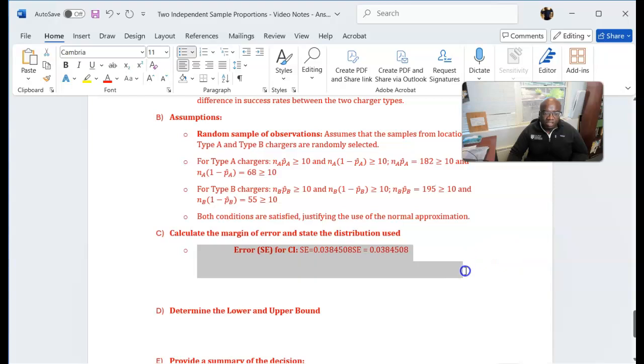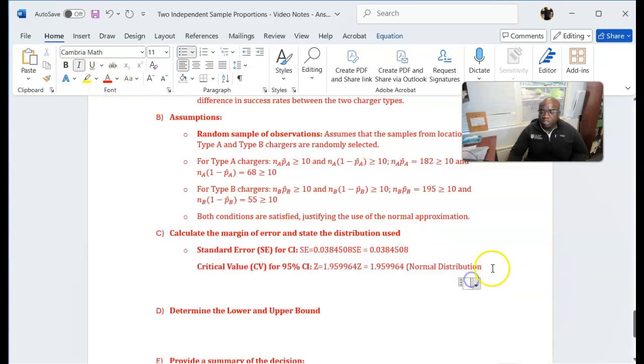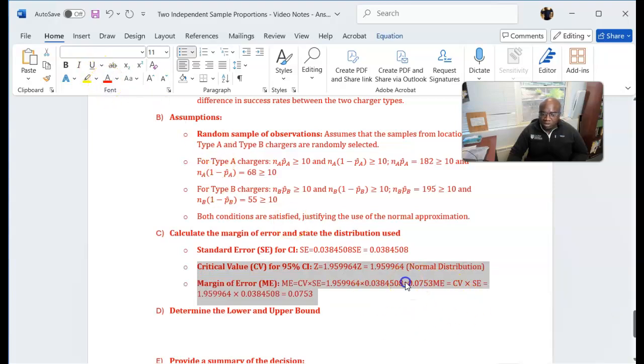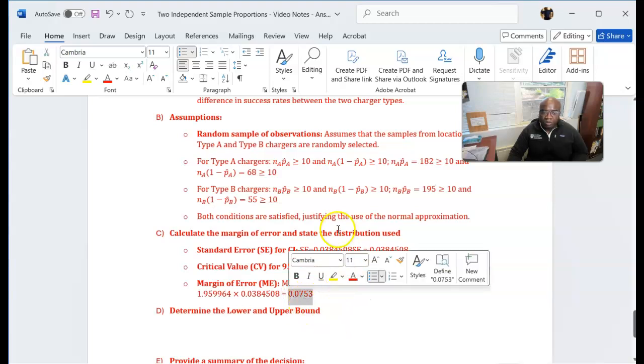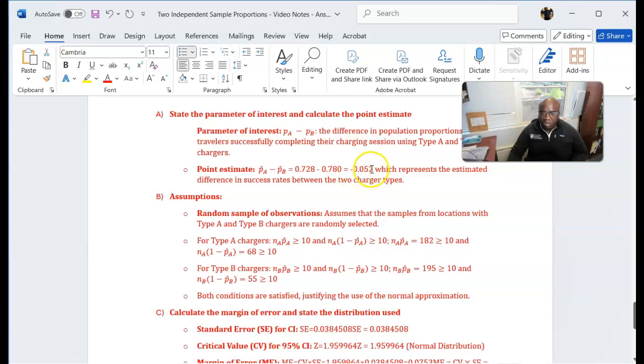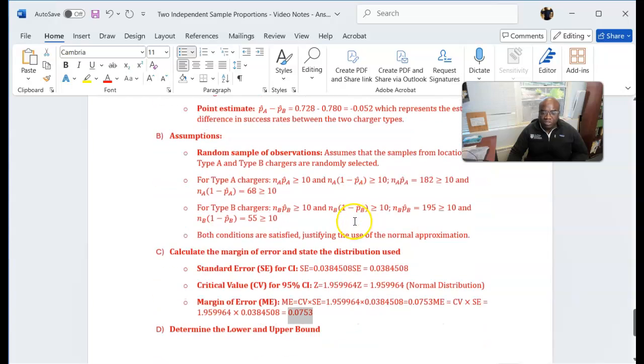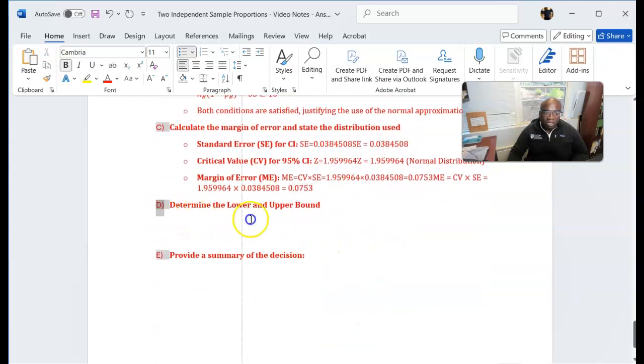I'll give you the standard error. This is the critical value. We're going to be using a normal distribution because it's a proportion. And then finally the margin of error is the product of these two numbers, 0.073. We add and subtract this from our negative 0.052, and we get our lower bound.